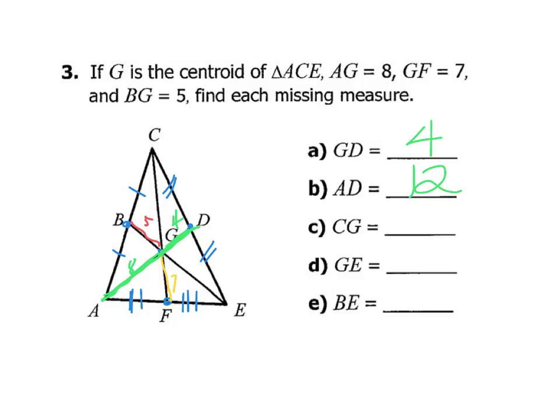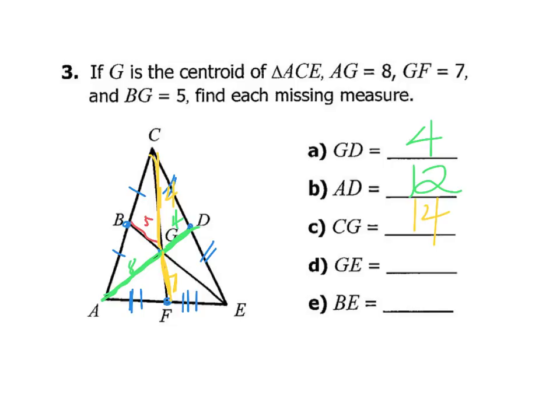Next, we're looking for CG. So we're looking for this distance right here. Now we're given that GF is 7, and we know that CG is going to be twice the length of GF, or we know that GF is half of CG. So if we multiply 7 by 2, we get 14. So that means that CG is 14.